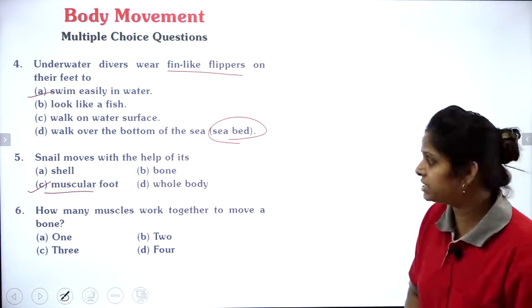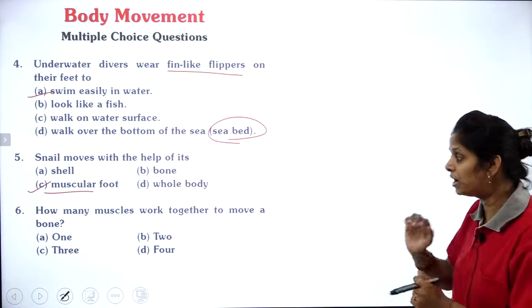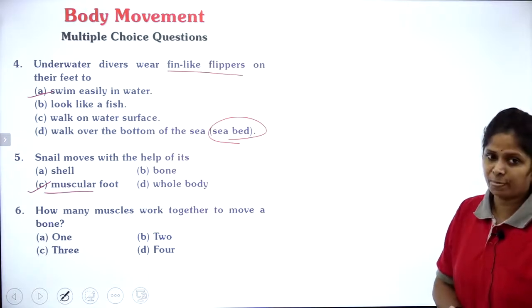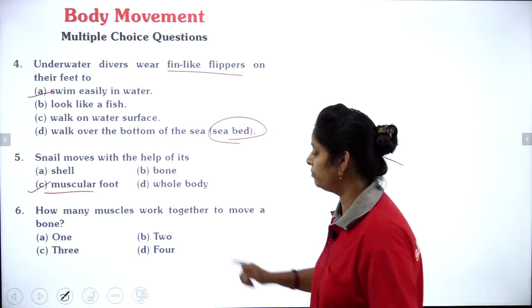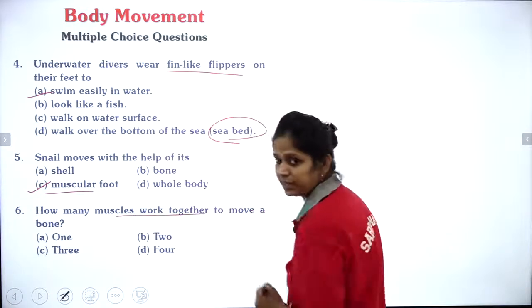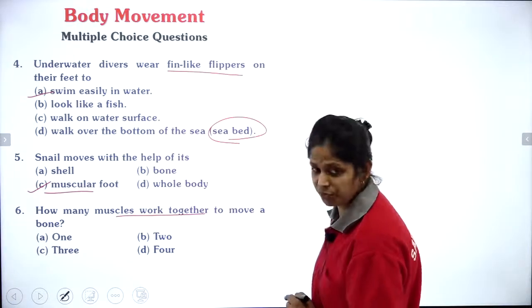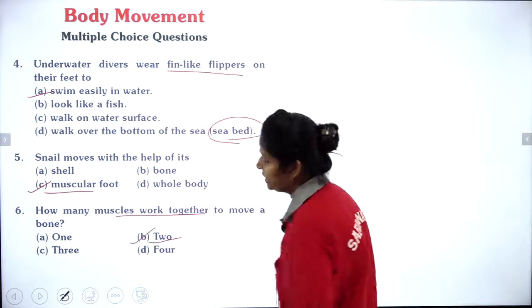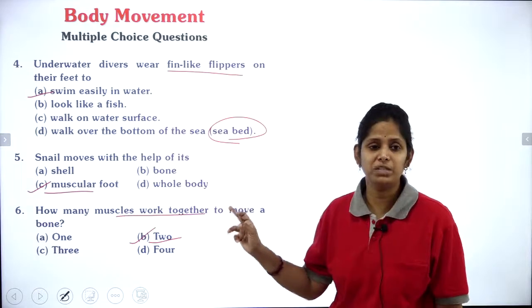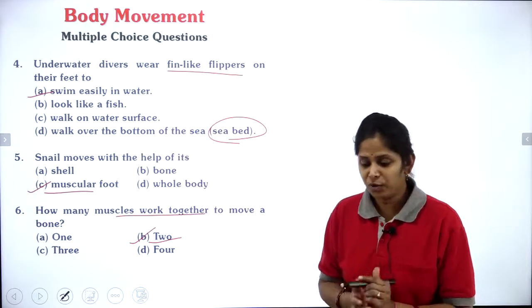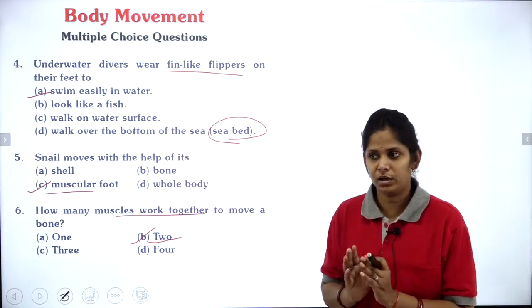Now question number 6: how many muscles work together to move a bone? 1, 2, 3, 4. The right answer is 2. Always 2 muscles, muscles are always present in pairs.